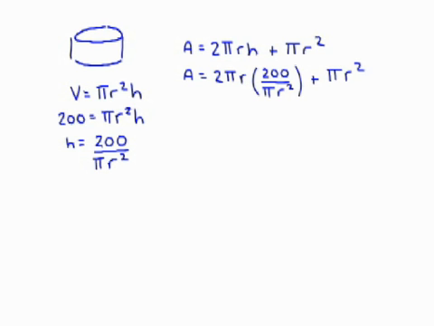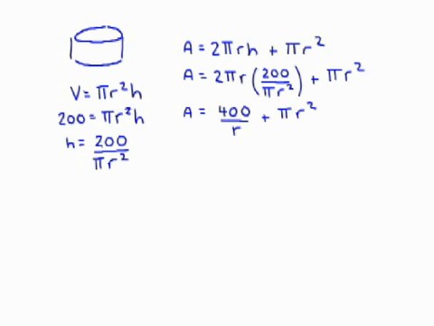Pi divided by pi is 1, and you notice that we have an r in the numerator and an r squared in the denominator. So when I do that division, I end up with my surface area, A, is equal to 400 divided by r, and then we add to that pi r squared.